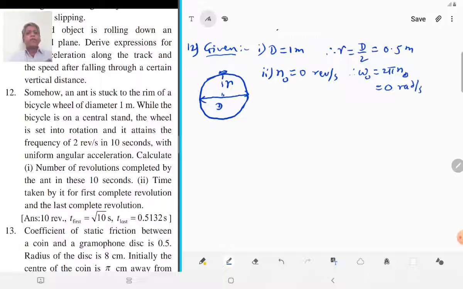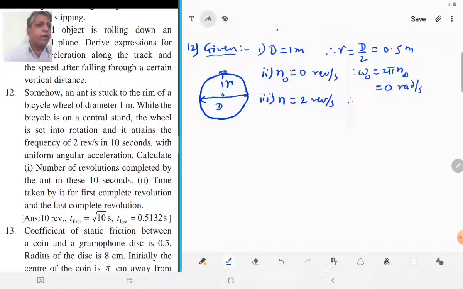From the next sentence, it attains the frequency of 2 revolutions per second in 10 seconds. That is, third point, final frequency is 2 revolutions per second at the end of 10 seconds.